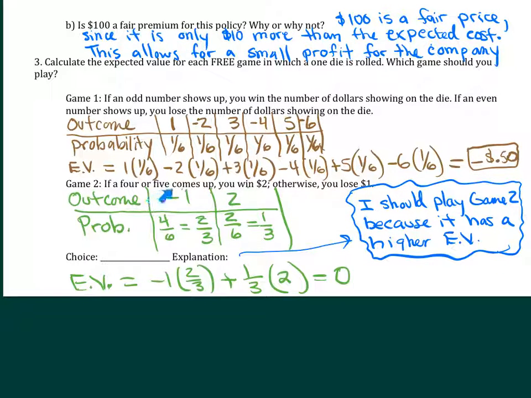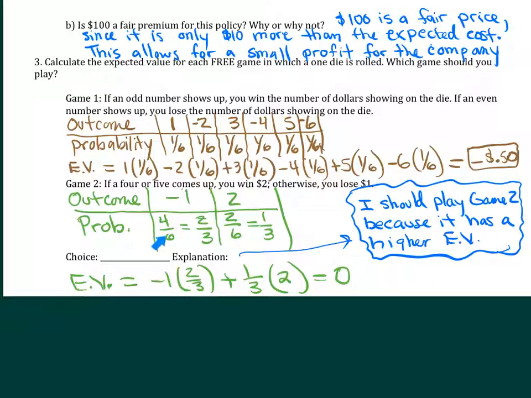All right, here's game number 2. If a 4 or a 5 comes up, you win $2. Otherwise, you lose $1. Losing $1 would be 4 out of 6 chances, because if you roll a 1 or a 2 or a 3 or a 6, you're going to be losing.